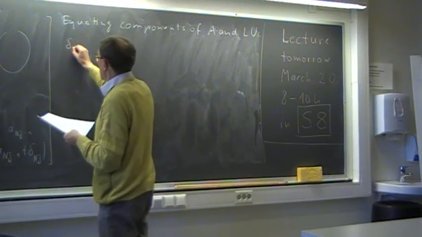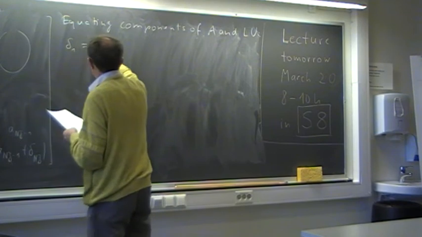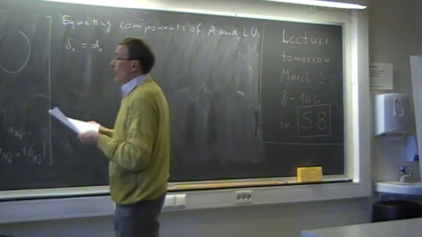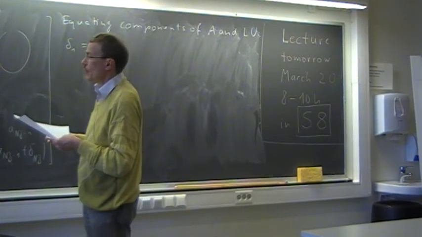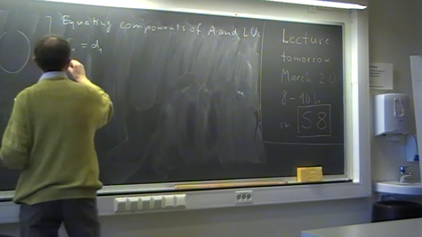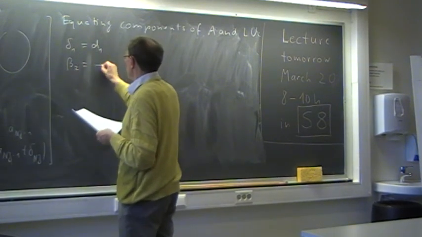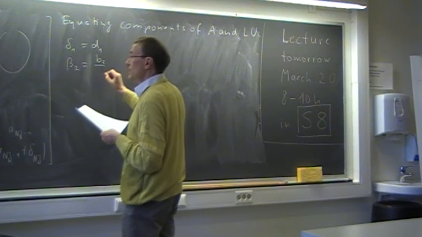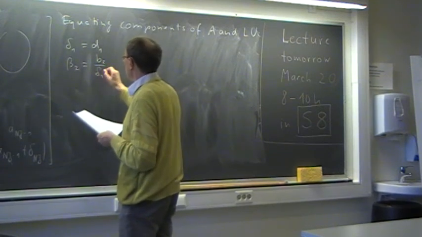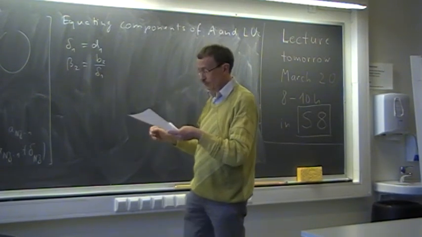So we start with the delta 1. The delta 1 is equal to the D1. So that is easy. The beta 2 delta 1 is equal to the B2. So that means the beta 2 is then equal to the B2 divided by the delta 1, which we already know. So we can use that already.